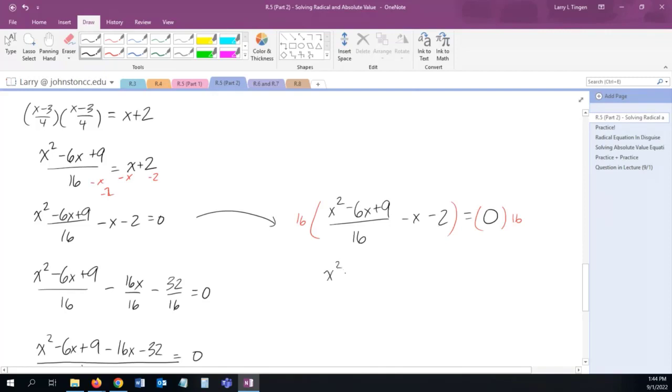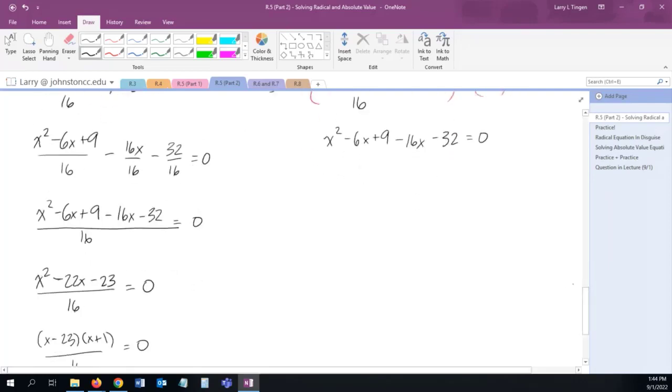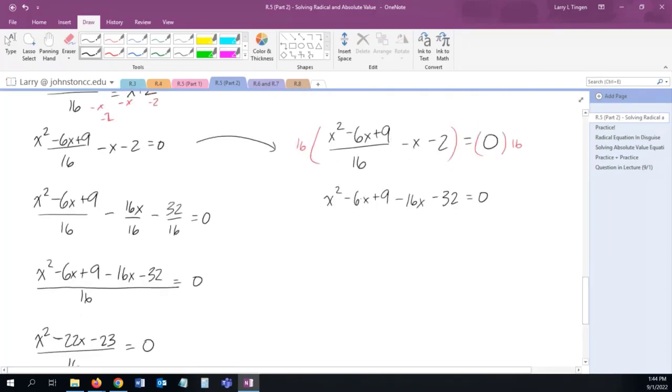When I multiply by 16, x squared minus 6x plus 9 divided by 16 becomes just x squared minus 6x plus 9. 16 times x is negative 16x. 16 times negative 2 is negative 32. And now that I don't have a denominator, this probably makes a bit more sense.